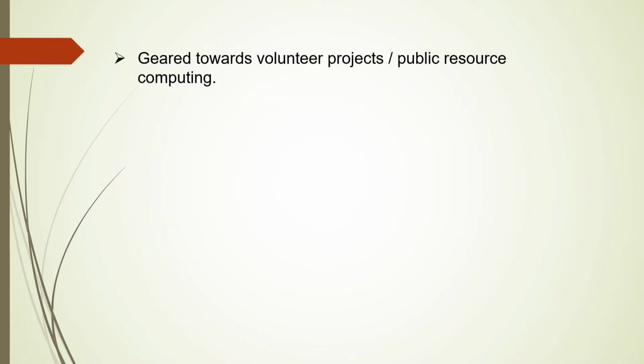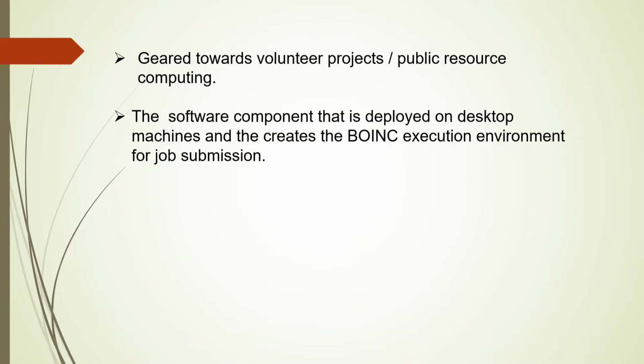It is geared towards voluntary projects or public resource computing, and it allows turning desktop machines into volunteer computing nodes that are leveraged to run jobs when such machines become inactive. The client is the software component that is deployed on desktop machines and that creates the BOINC execution environment for job submission.